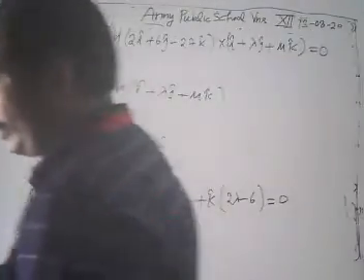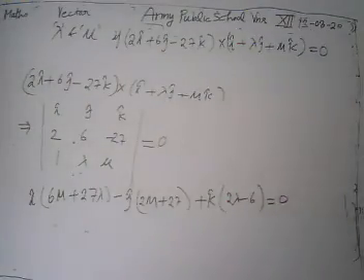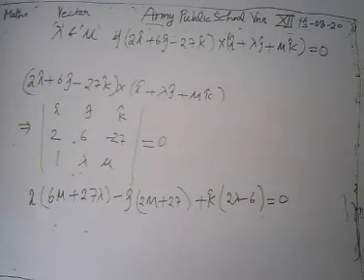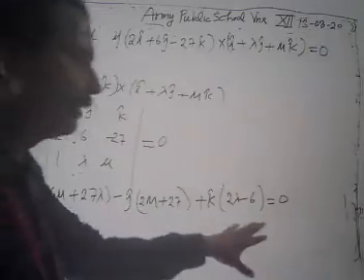So from the determinant form we get i cap (6 mu plus 27 lambda) minus j cap (2 mu plus 27) plus k cap (2 lambda minus 6) equal to 0.